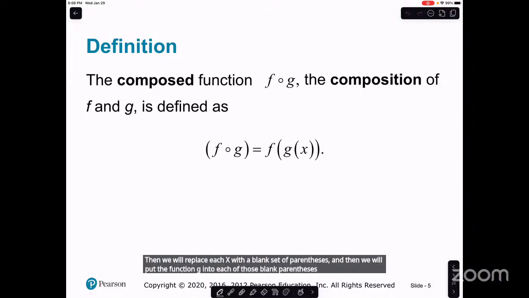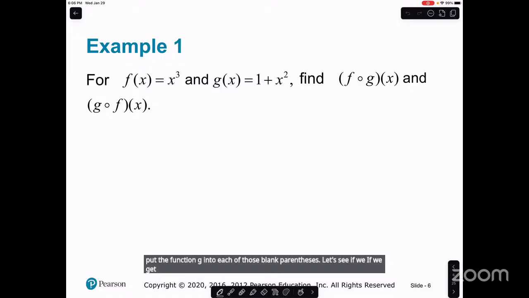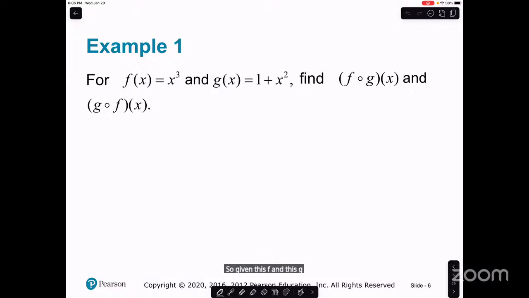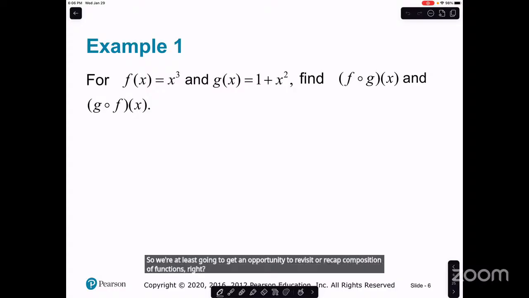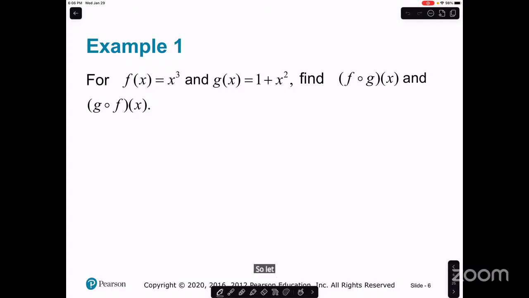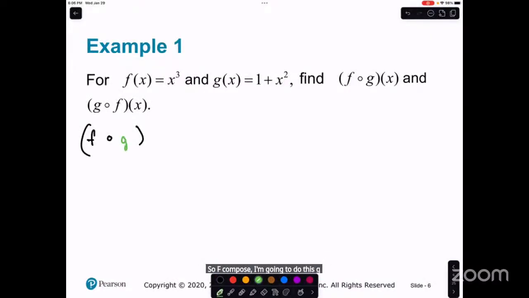Let's see if we get an opportunity to do this again. Given this f and this g, we're asked to find f composed g and g composed f. We're at least going to get an opportunity to recap composition of functions. Let's start with f composed g of x.